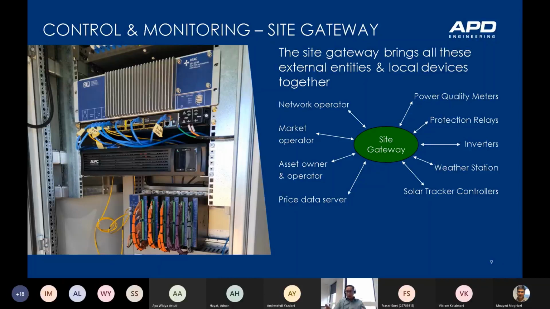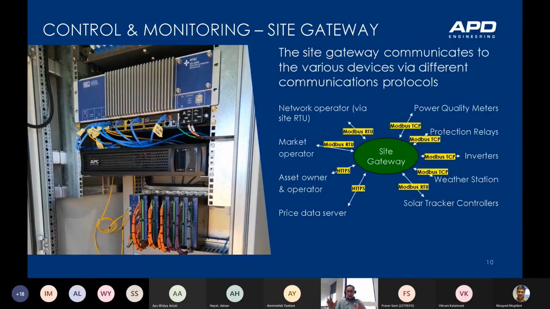All that information can be represented visually to different operators remotely. Essentially, the site gateway communicates to all these various devices via different communications protocols. That's why the site gateway is also often referred to as a protocol gateway.